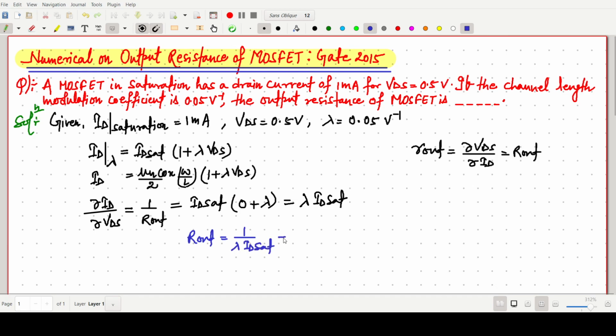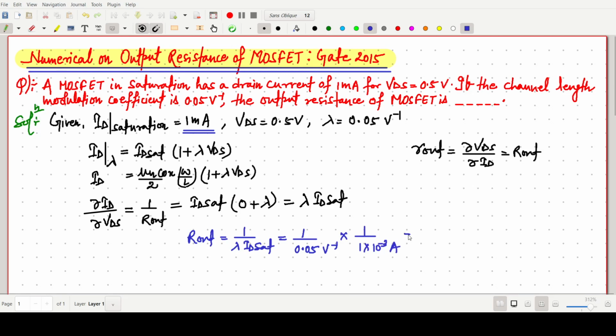It is a very simple and fundamental numerical. So 1 by lambda is given, that is 0.05 volt inverse, into 1 by ID sat. ID sat is simply 1 milliampere, which is 10 to the power minus 3 ampere.